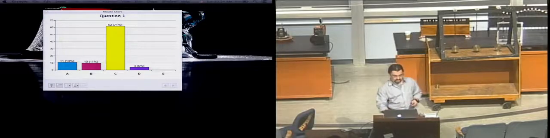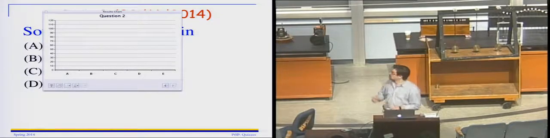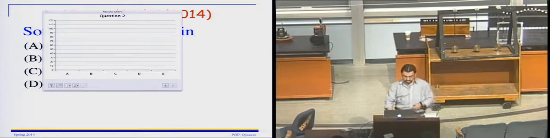That's the right answer. Interestingly enough, oops, no data available. No, I pushed the wrong button. Interestingly enough, there are 2 other options. Let me close this.